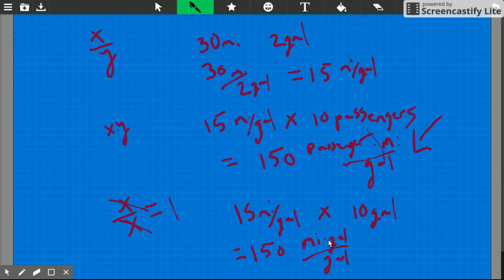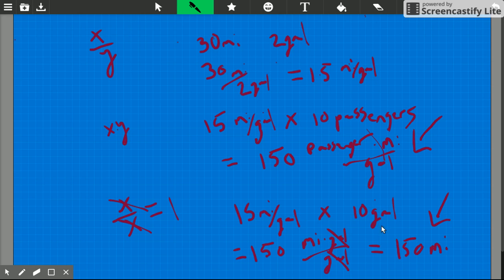Okay, but we know that we can treat units just like variables, and gallons will actually cancel out with gallons. Gallons divided by gallons is equal to 1, and we actually end up with a final number, 150, with units of just miles. It turns out that when you multiply the fuel economy in miles per gallon times a certain amount of fuel, it will tell you the number of miles that could be driven using that much fuel.